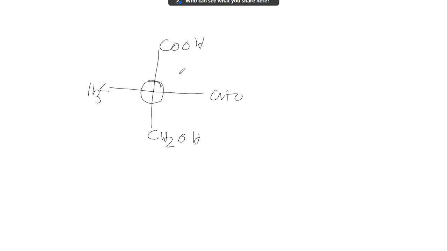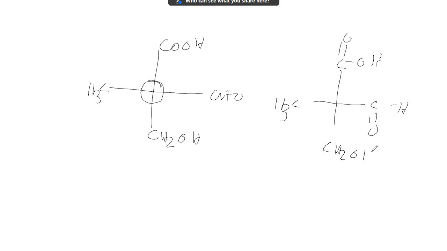In this case, for CHO, the next is C double bonded to O. If I break it, it will be C double bonded O, then H. For COOH, it will be C double bonded O, then OH. For CH3, it will be H, H, H, and for CH2OH, it will be C with O, H, H. Now C double bonded O is the same in both cases, so go to the next one because it is not yet defined.